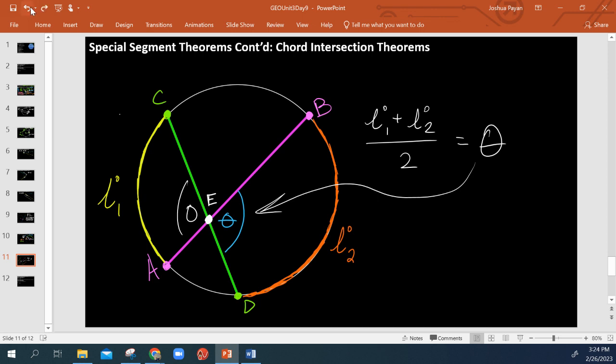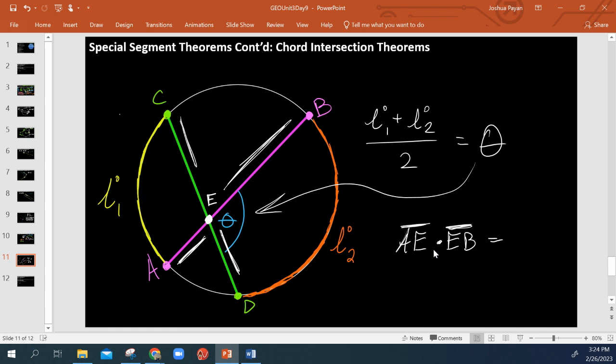Okay, the other theorem tells us that if we multiply, so we have two segments, two chords here, AB and DC, and they're intersecting at a common point of intersection E. Okay, so the second part of this theorem, the second thing that comes of this, is that if you multiply the constituents, so if I multiply AE times EB, it will be precisely equal to DE times EC.